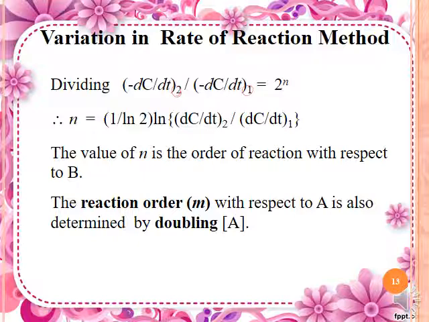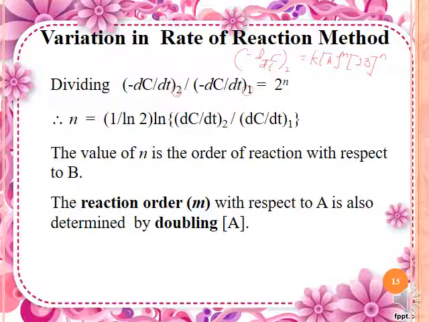So we rewrite back just now. It was negative dc over dt 2 equals k A^m (2B)^n.